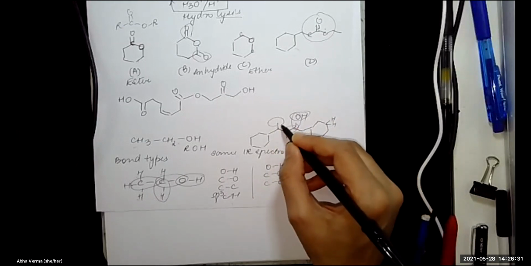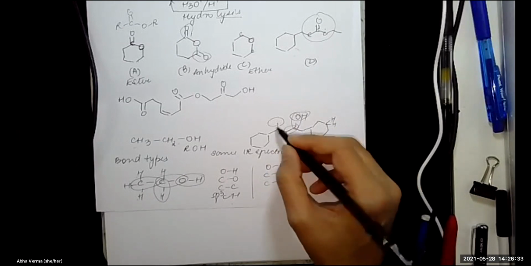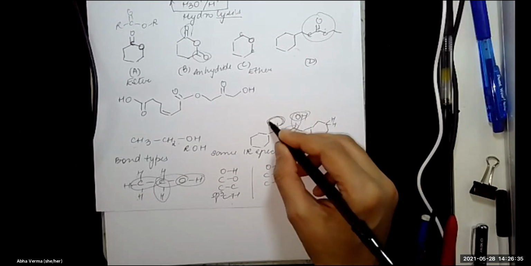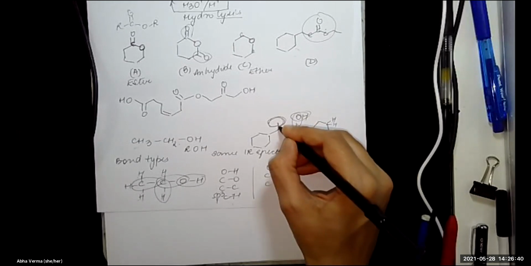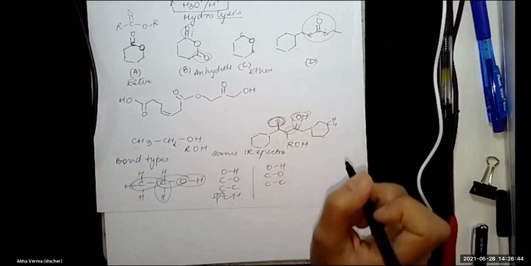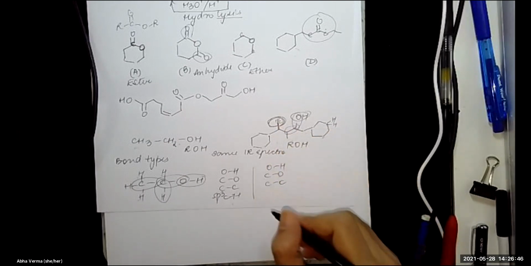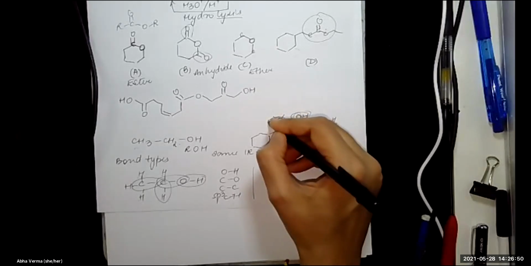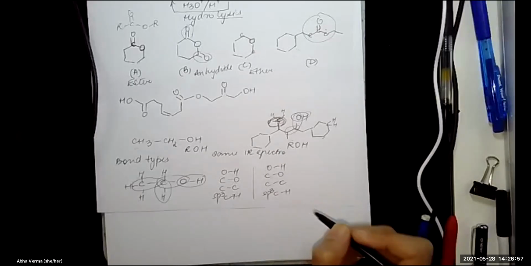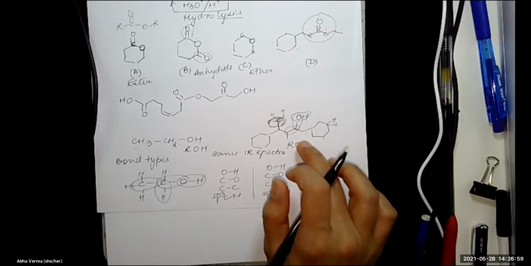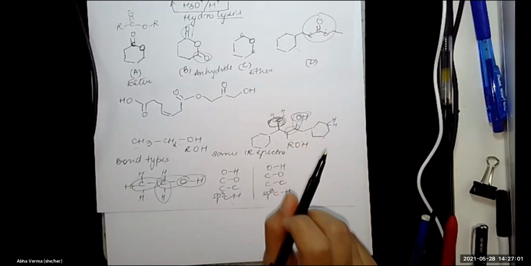By the way, do you know what this group is? Is this a hydrogen or a carbon? Carbon. This is a carbon with 3 hydrogens, so this is a methyl group. So I also have sp3 CH. Is there any other bond type that I missed from this?